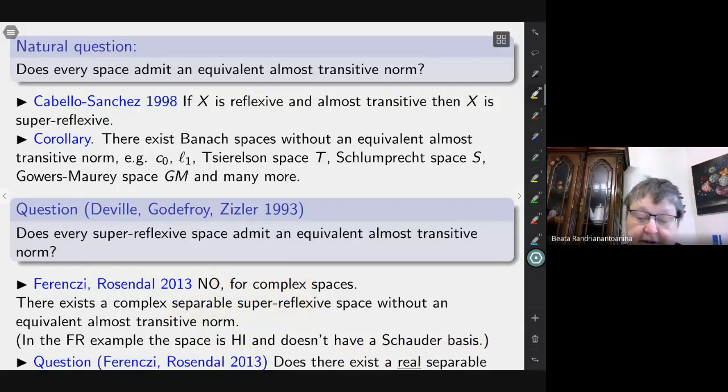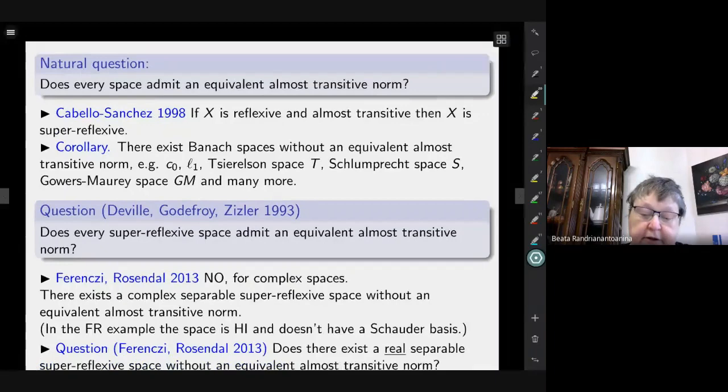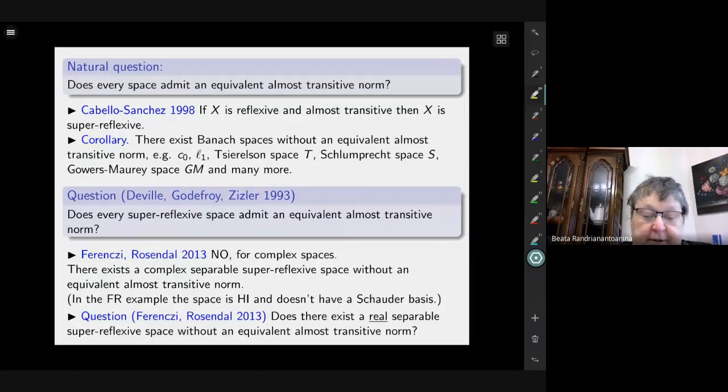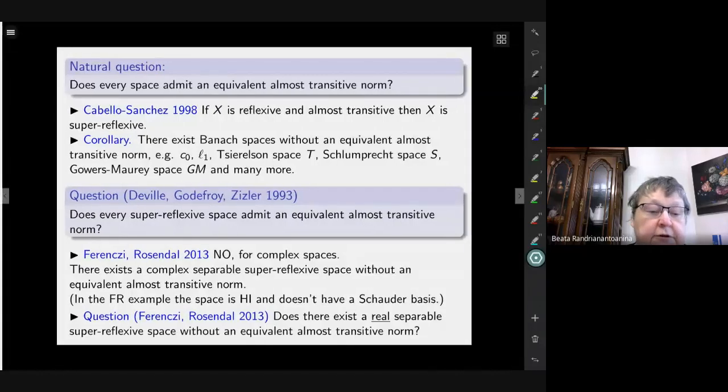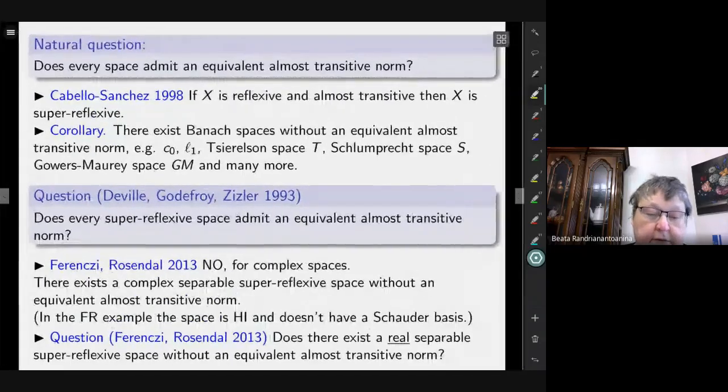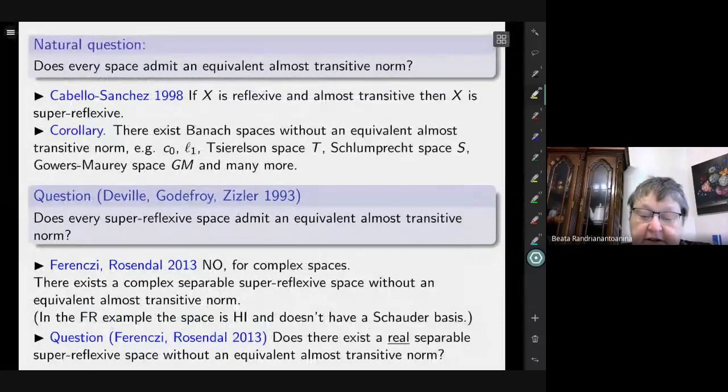I feel behind. I'm not sure exactly why my slide is not shown. Is this too small or is this big enough? Okay, this is big enough. So the question: does there exist a real space? Because they proved it for complex spaces. So the question remained open.